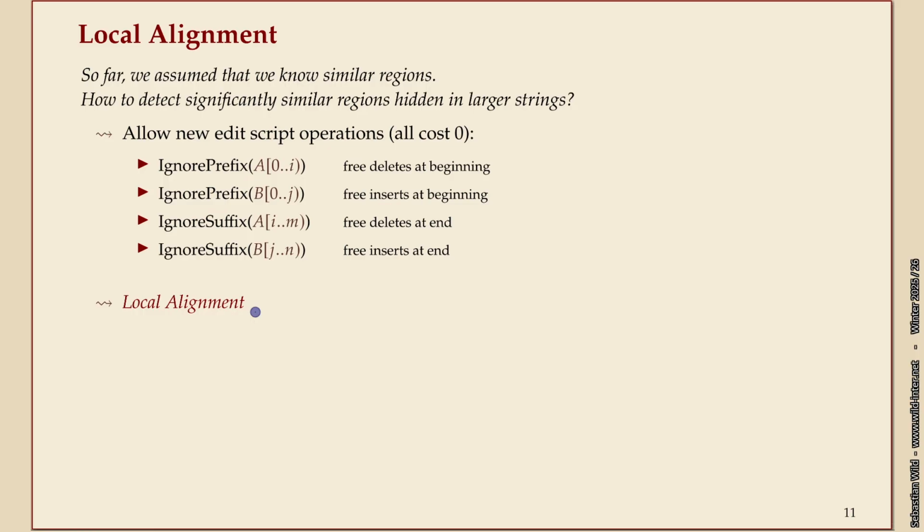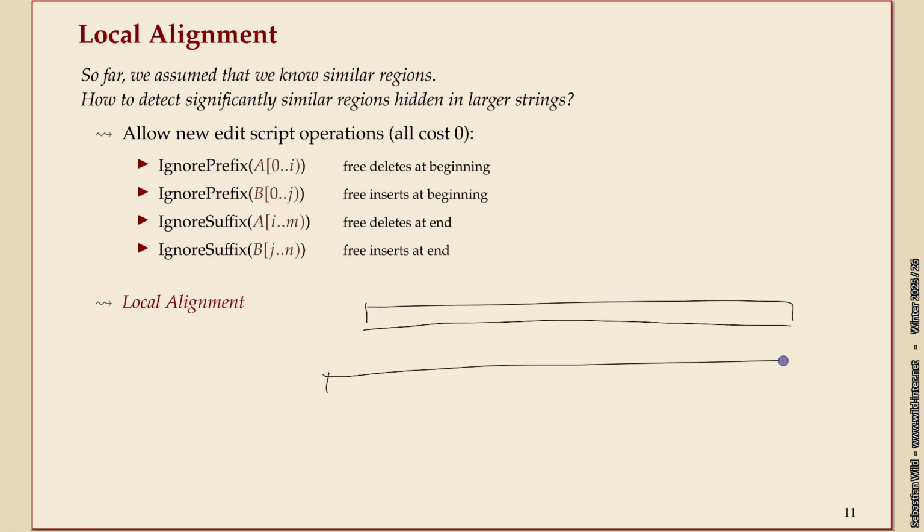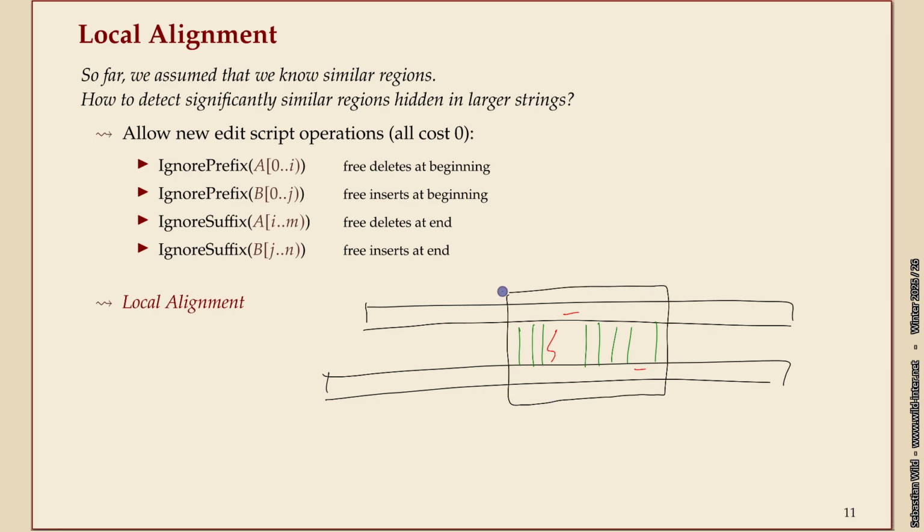So you should think of it as you have some potentially long string, you have some potentially long other string, and then there's a region where they really have a lot in common. You might still have some mismatches and gaps and so on, but not too many overall. But you're really, as part of the algorithm, zooming in on the part that is most similar.